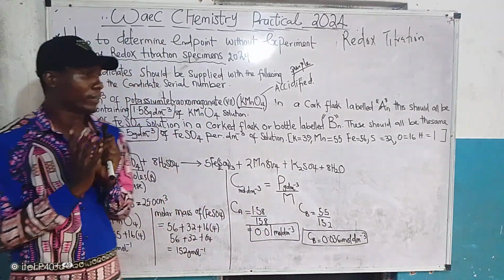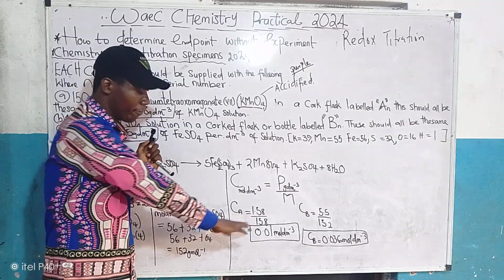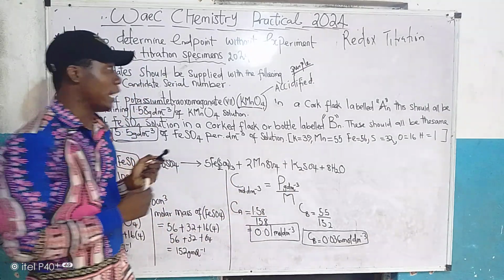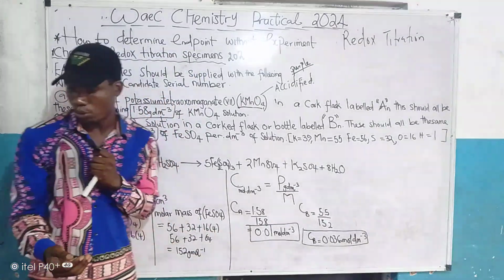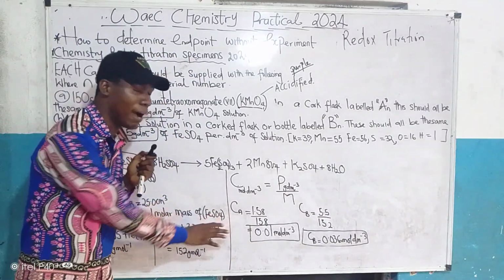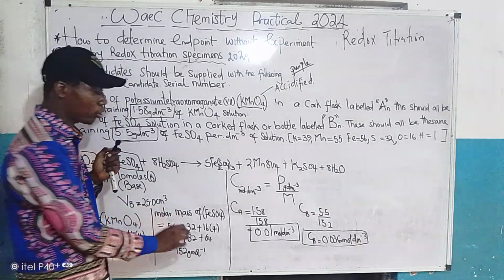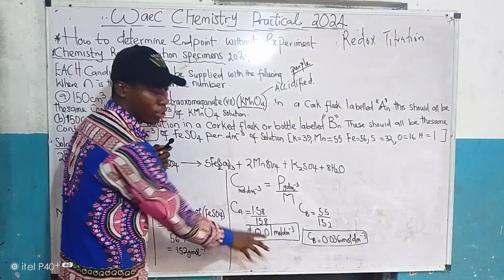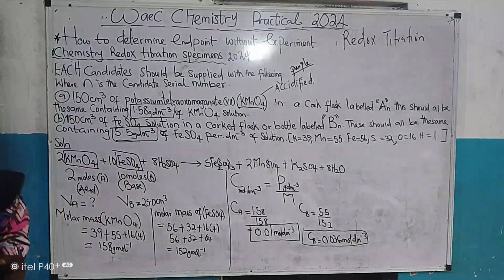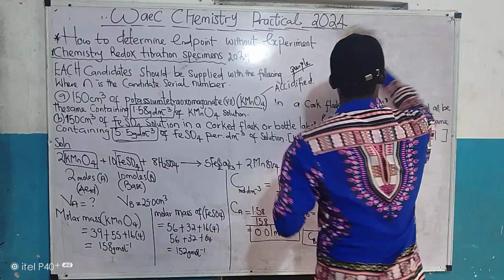Though there may be slight variations, it shouldn't be too far from these values. That is why this particular video lesson is not just for students, but for students and teachers. So you have to prepare your solution very well so that the difference should not be too much. Okay? Now let's quickly do this.